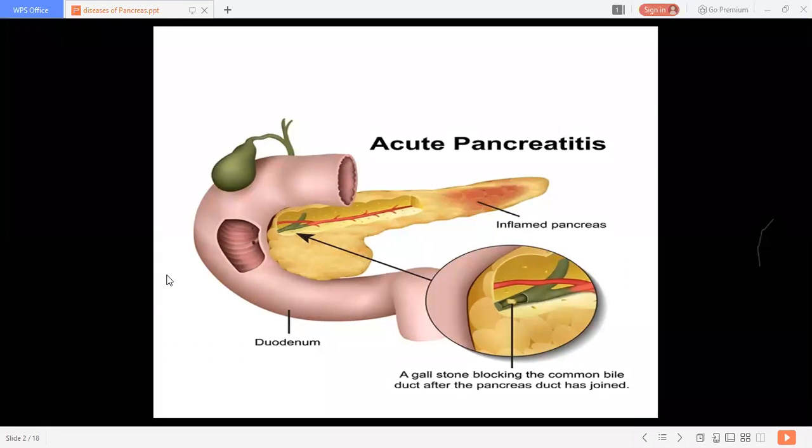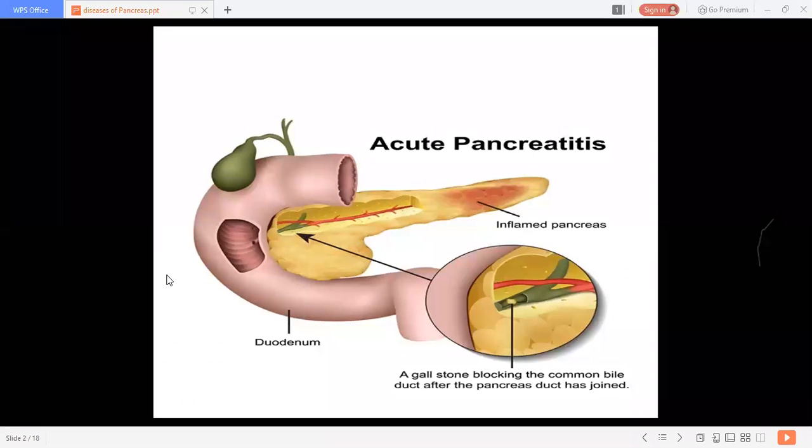So it is always misdiagnosed as gastritis, but it may be acute pancreatitis. Fever is more in acute pancreatitis due to inflammation, which is a differential feature. In gastritis there will be no fever, but in acute pancreatitis the patient comes with fever, pains, and there may be shock.